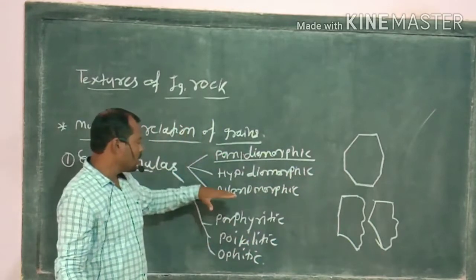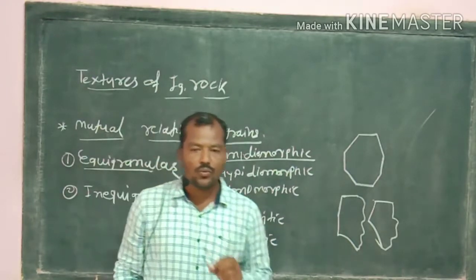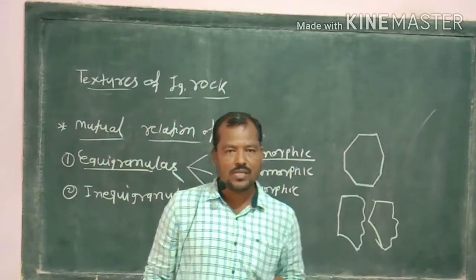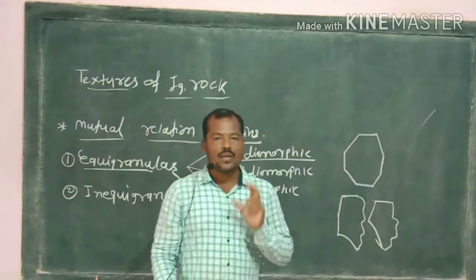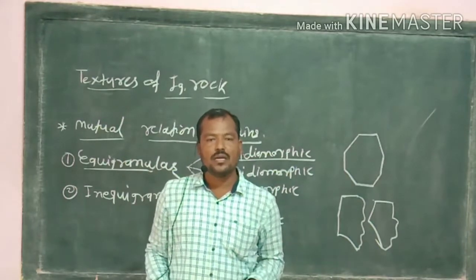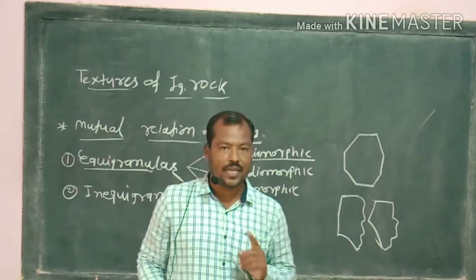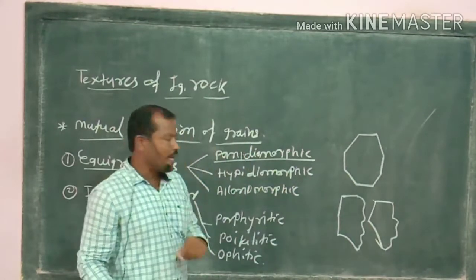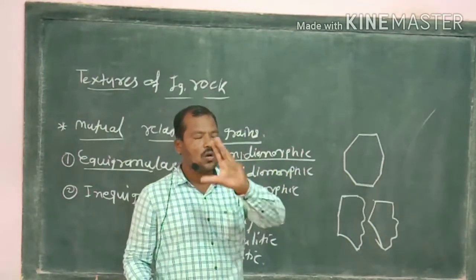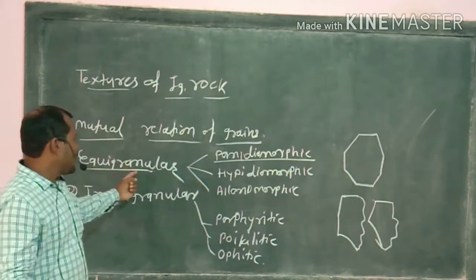And the third one is the allotriomorphic texture, the texture in which irregular shaped grains, means undeveloped minerals, are packed within the igneous rock mass. This texture is called allotriomorphic texture. All these three textures come under equigranular texture.